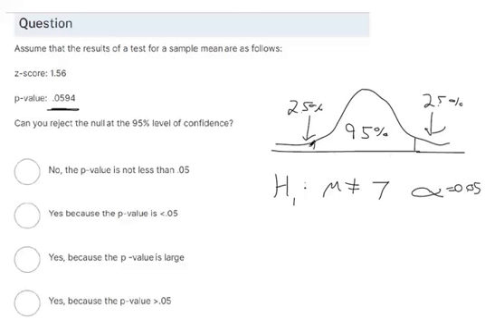Basically, alpha is the amount of area in your rejection region, in your tails of your hypothesis statement. Okay, so since we have a 95% level of confidence, they're implying that it's a two-tailed test, which means we have 5% in our tails. Our p-value is above alpha. We failed to reject the null hypothesis. No, we cannot reject the null hypothesis because the p-value is not less than 0.05.